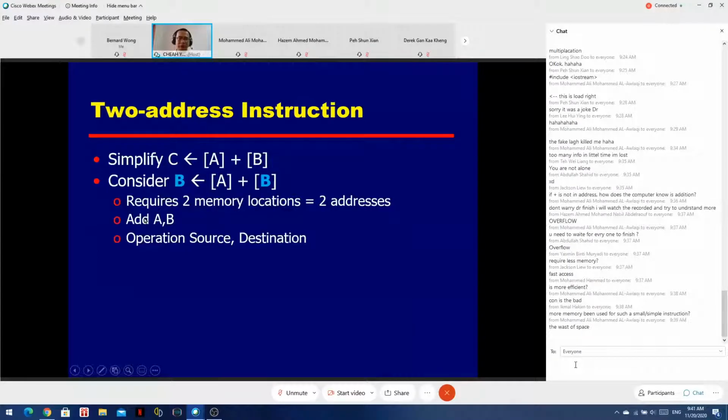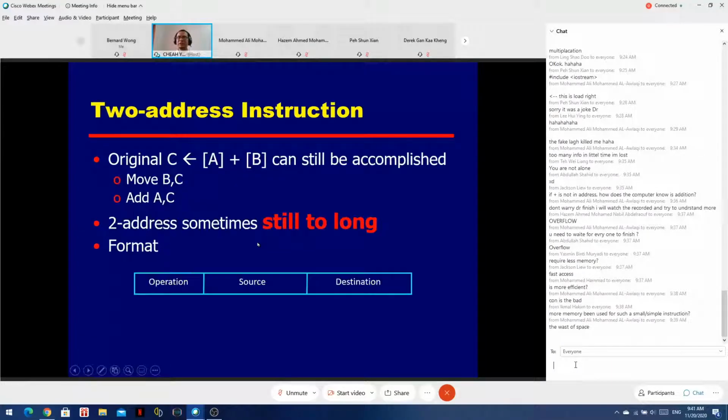If you look at this one, add A B, you're adding A plus B and then storing it into B. So the destination address works as a source, and after that is used as the destination.